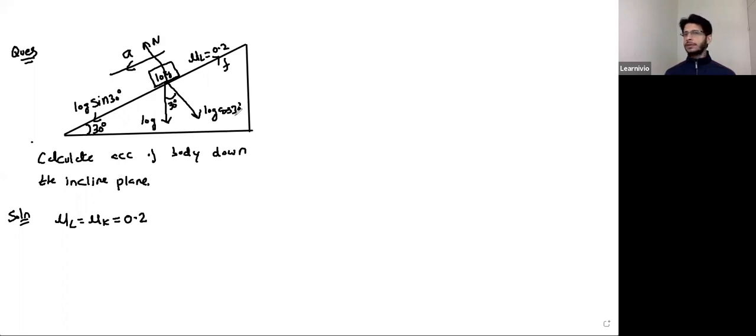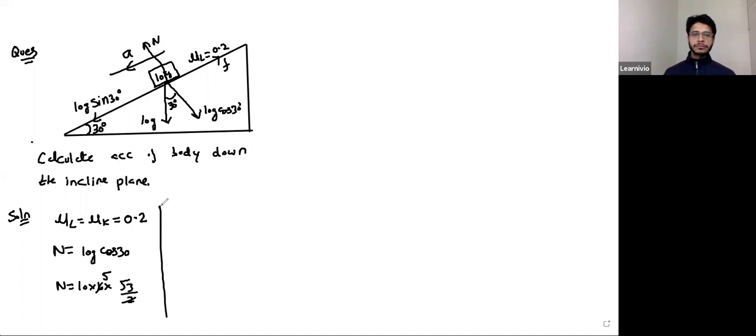Normal reaction balances the cos component of weight. You can write your normal reaction is 10g cos 30. Cos 30 is root 3 by 2. It gets cancelled out. Normal reaction is 50 root 3 Newton.